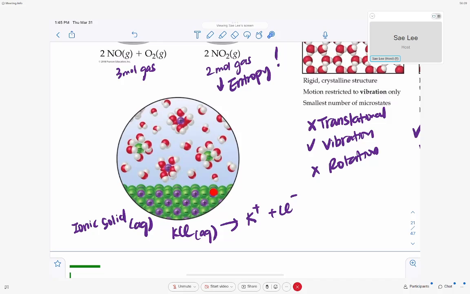Before dissolving, they are in a rigid solid state. These are the ionic salt, in a solid form where the molecular motion was confined, but now they're in dissociated form. These ions now have more freedom compared to when they were in the solid state.